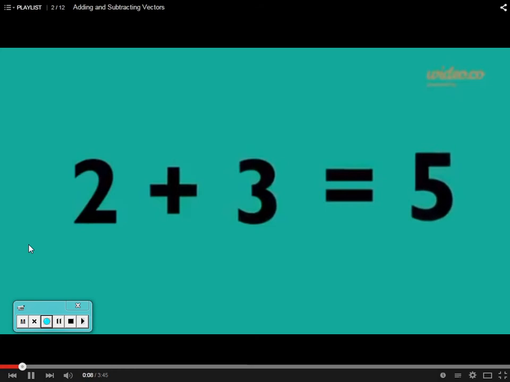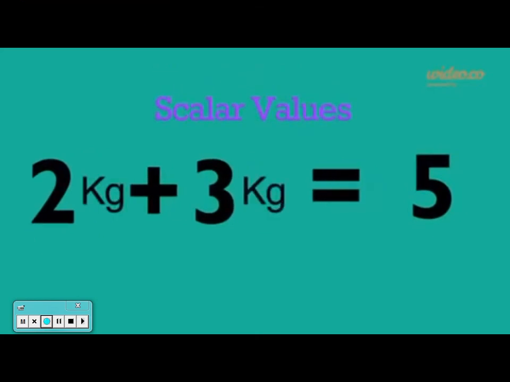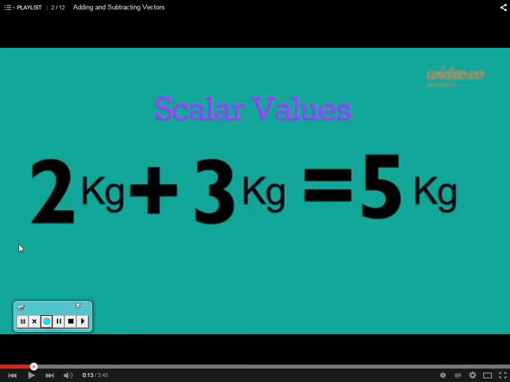Are you happy that that is a true statement? Does 2 plus 3 equal 5? What happens if I put kilograms in here? Is 2 kilograms plus 3 kilograms 5 kilograms? Yes. The reason is they are scalar values.